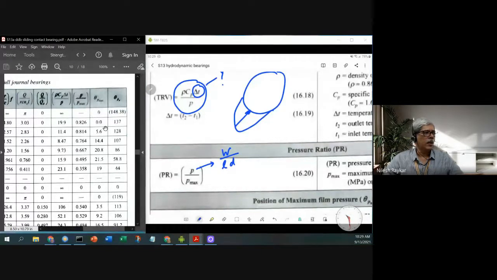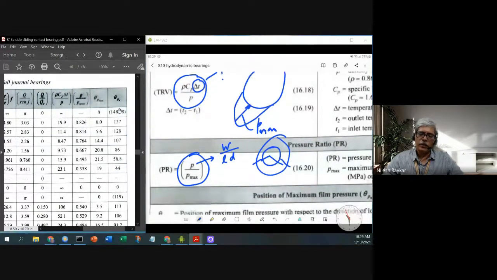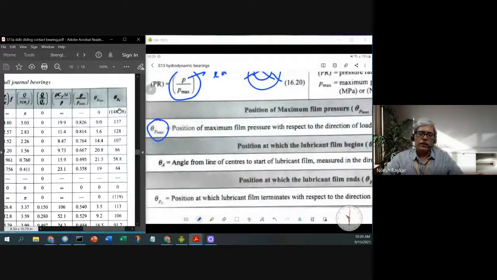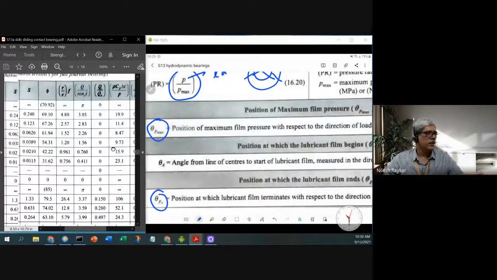non-dimensional parameter. And there are two angles, where the wedge begins and where the wedge ends. Those two angles are defined by these two theta values, which give the position of the maximum film thickness and the position where the lubricant film ends. So P max, P0, these are the two angles, and theta A appears in the beginning.